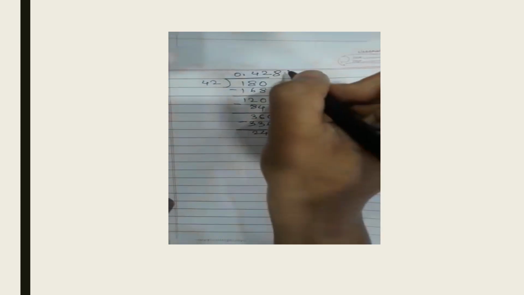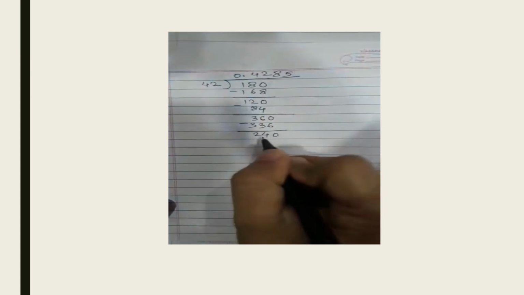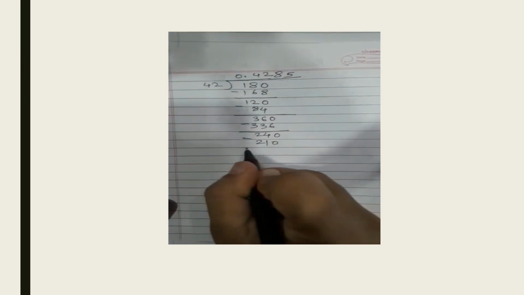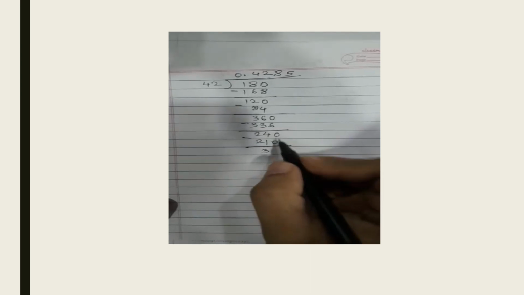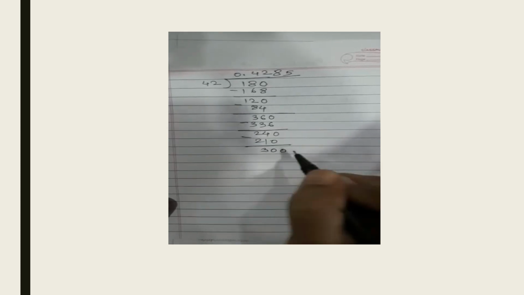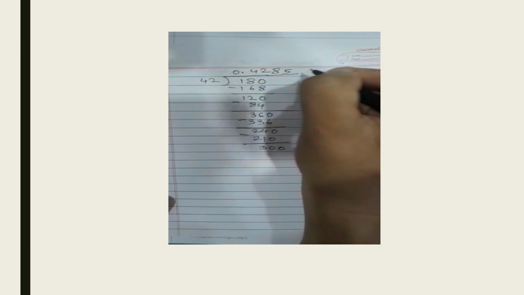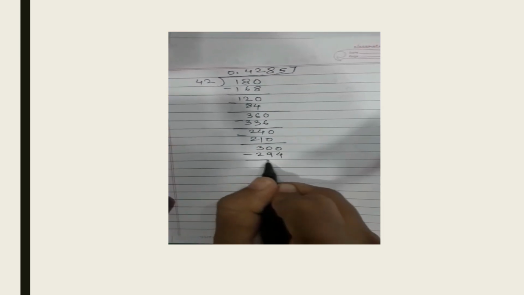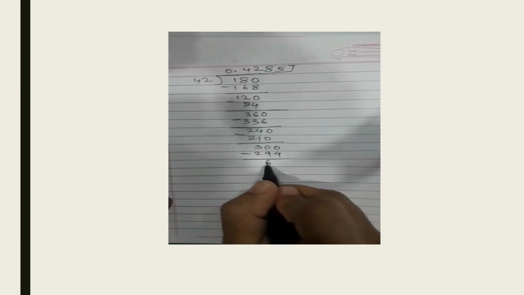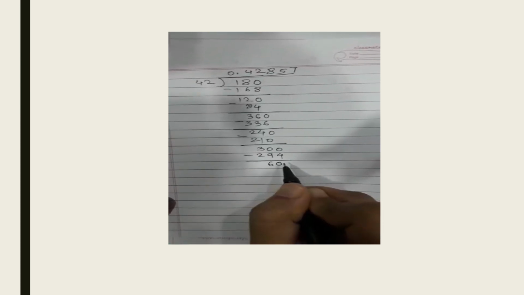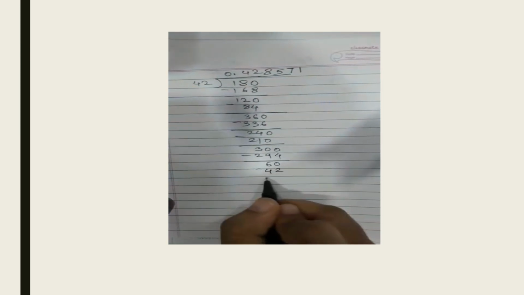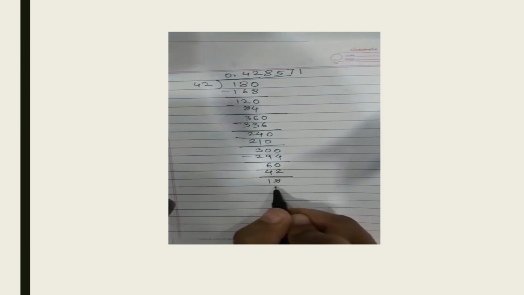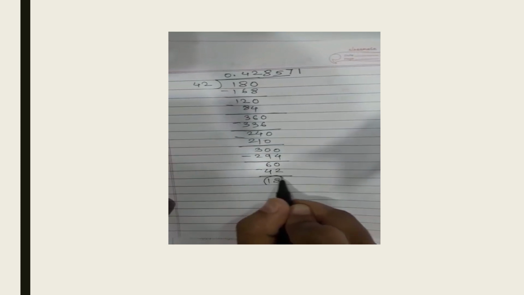Add a 0. 42 fives are 210. Remainder is 30. Again add a 0. 42 sevens are 294. 300 minus 294. Remainder 6. Give a 0 after 6. 42 ones are 42. Remainder 18. Here again the repetition, 18.